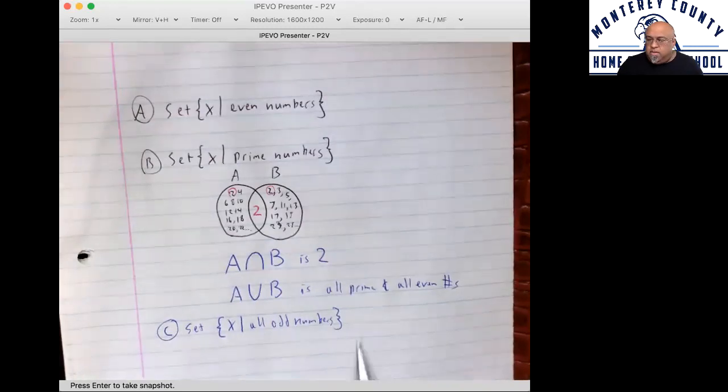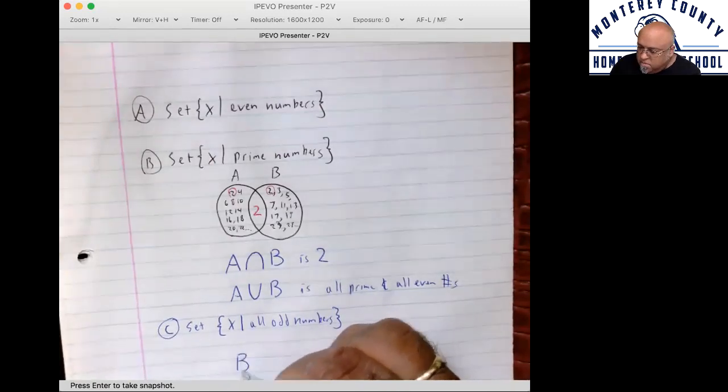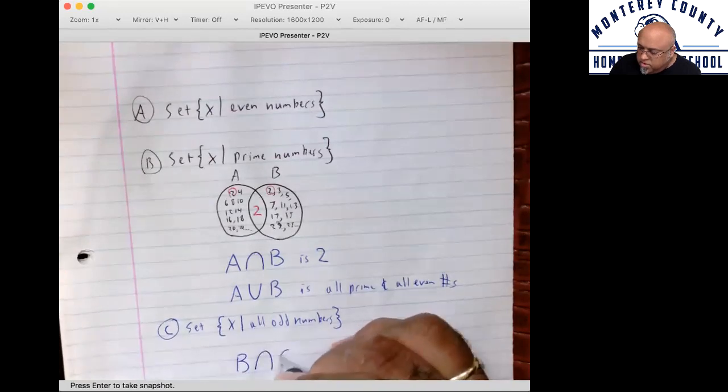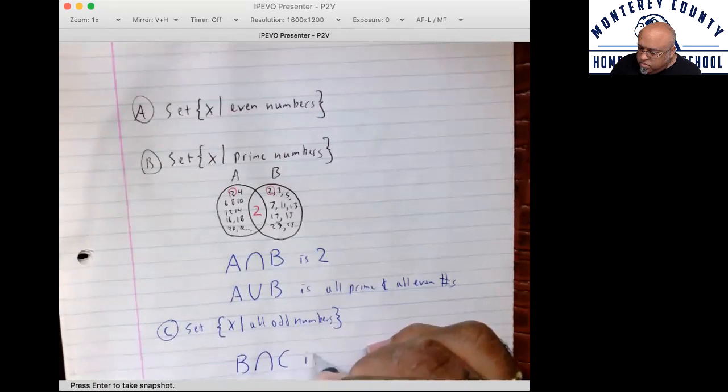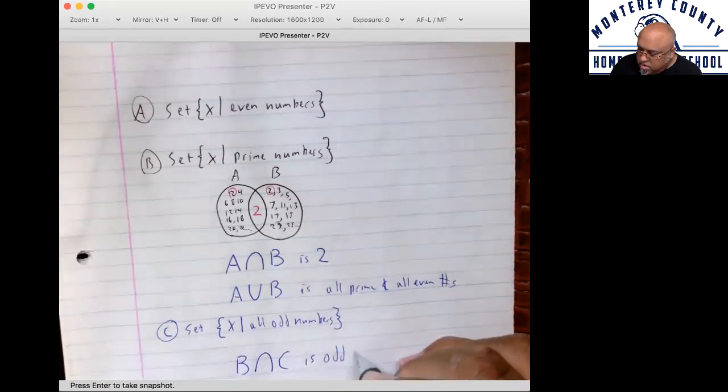Set A is even numbers, set B is prime numbers, set C is odd numbers. Now almost every prime number is odd, so B and C would definitely intersect. Okay, so if I said B intersection C is odd numbers.